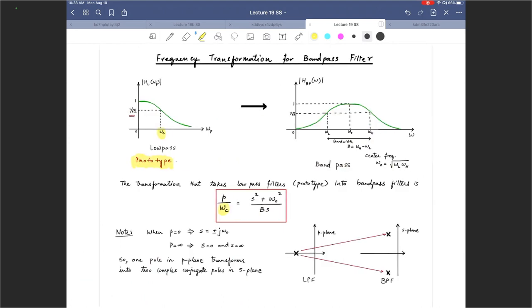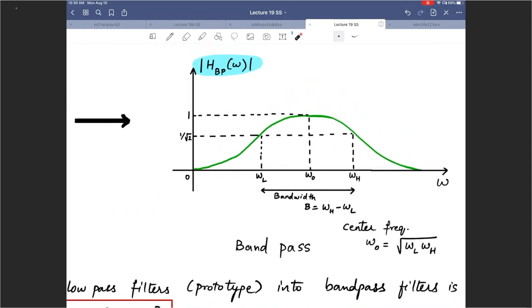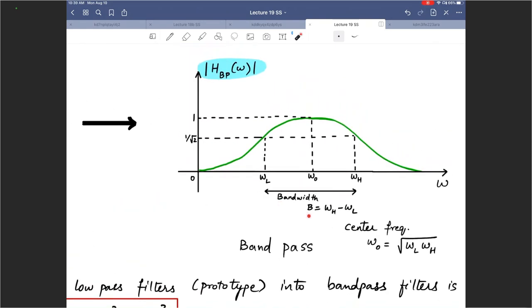Now, can we transform that to get a bandpass filter which looks something like this? Instead of having a center frequency of 0, now it is going to be centered at some resonant frequency omega naught with a bandwidth of omega H minus omega L. So bandwidth over here, denoted by cap B for a bandpass filter, is omega H minus omega L. That's the bandwidth of the desired bandpass filter.